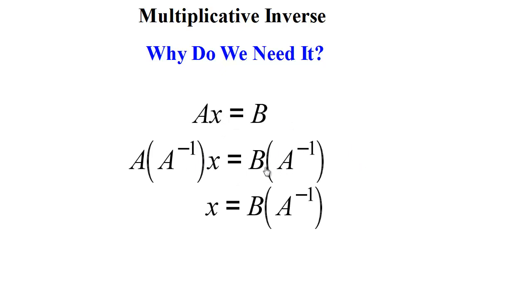In a similar way, with matrix algebra, if we have a matrix A times x equals b, and we want to get x by itself, and by the way, x could be a number or a matrix, the way to do that is by the multiplicative inverse. We're going to multiply A by its multiplicative inverse and multiply the other side by the multiplicative inverse of A to isolate the x.